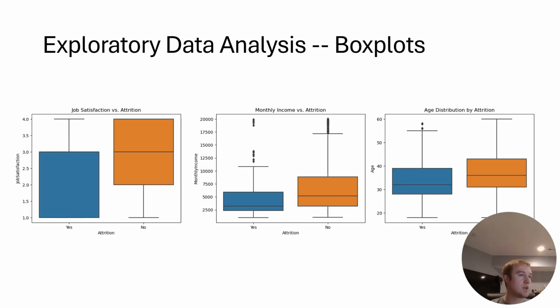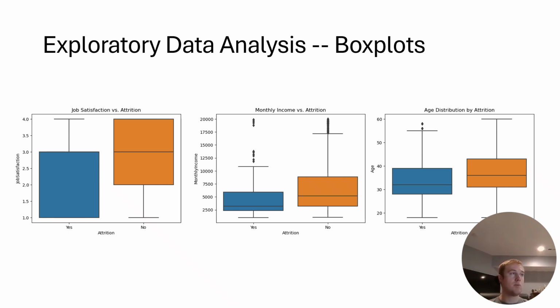Now on this slide, I'm just going to highlight a few box plots that I made as part of my exploratory data analysis. On the far left side of the slide, we're looking at a job satisfaction versus attrition box plot. And the key takeaway from this is that lower job satisfaction scores are more likely to have a value of yes for attrition than those with higher job satisfaction scores.